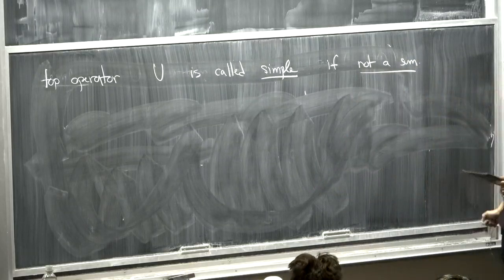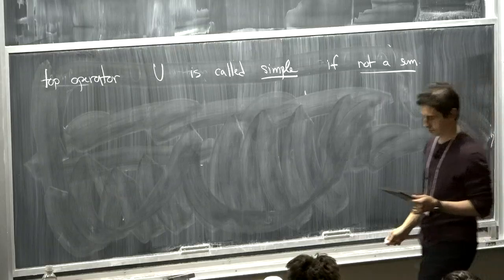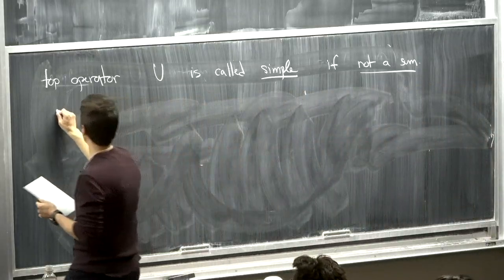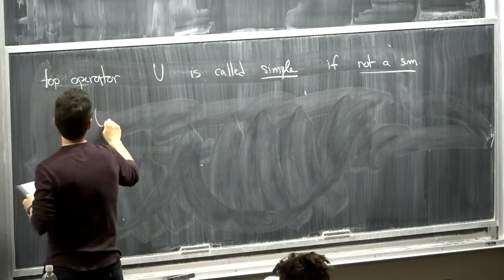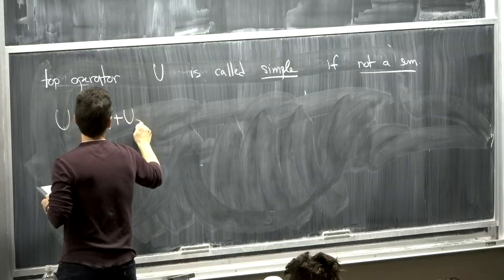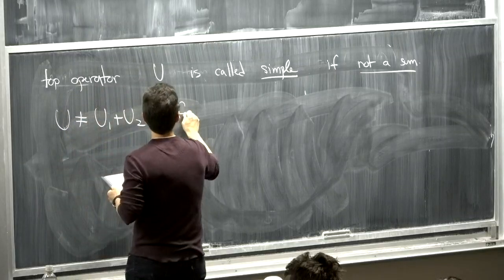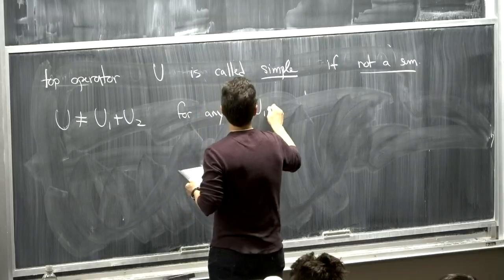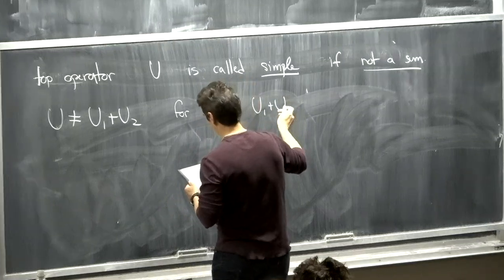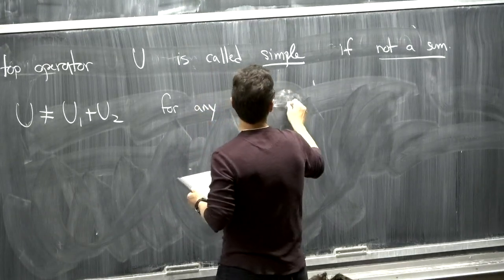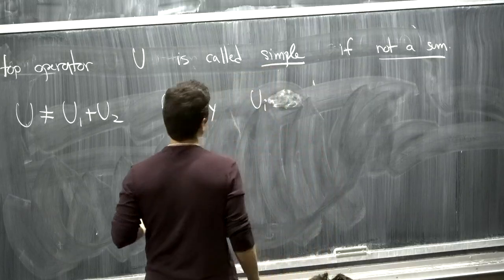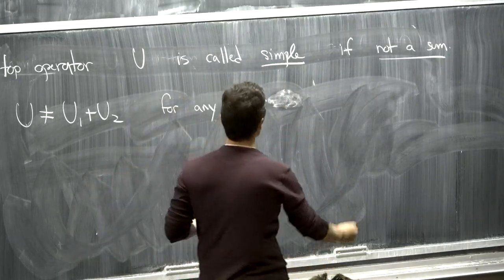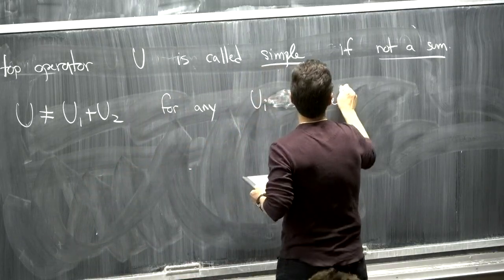Not a sum of other topological operators. So that means that U is not equal to U1 plus U2 for any other topological operators. And this is well defined, I should say.